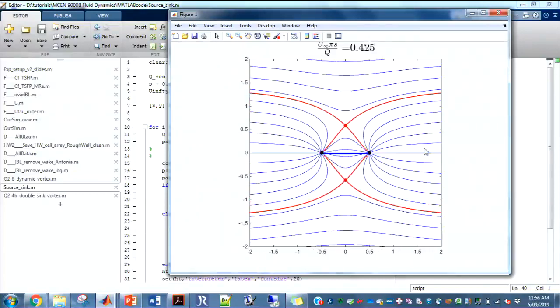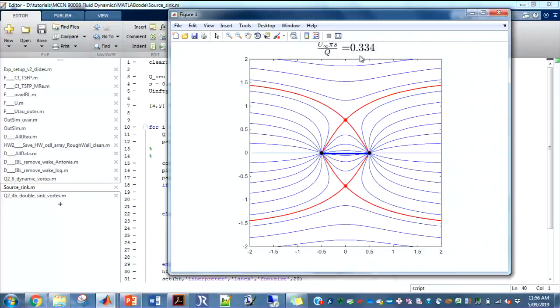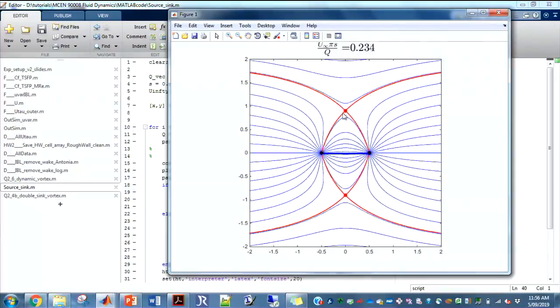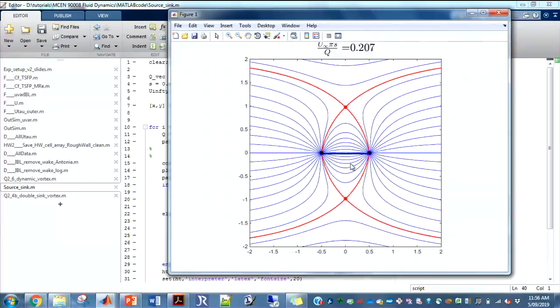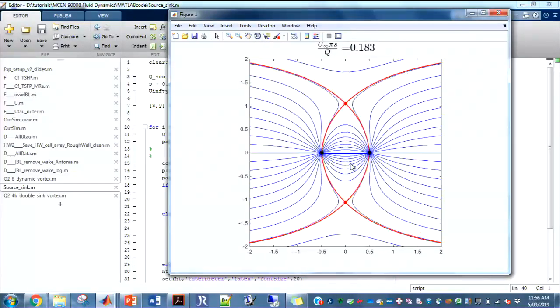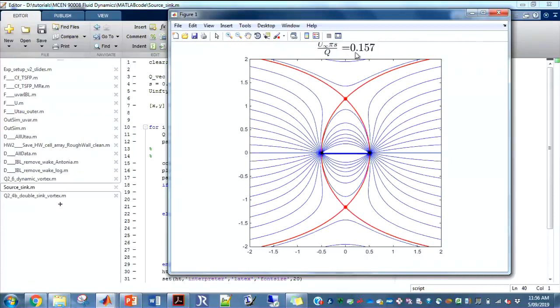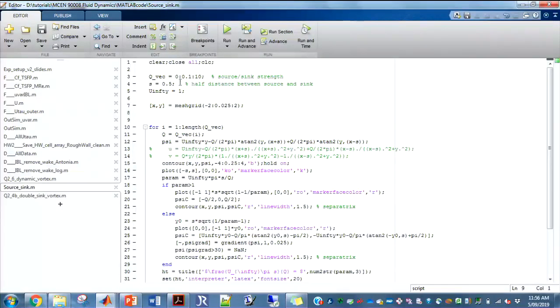Okay, so this shows that as this parameter changes its value, how the two stagnation points are going to move and how the flow field is going to evolve with that. So this is the case when the parameter is smaller than 1, and that's not the case we want to look at.